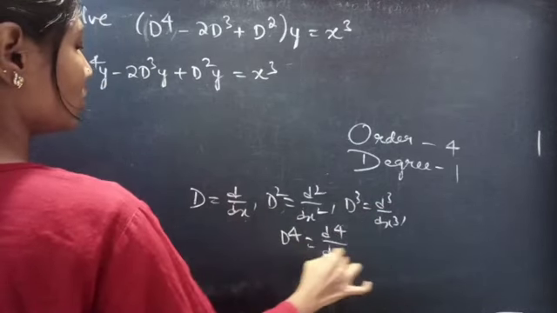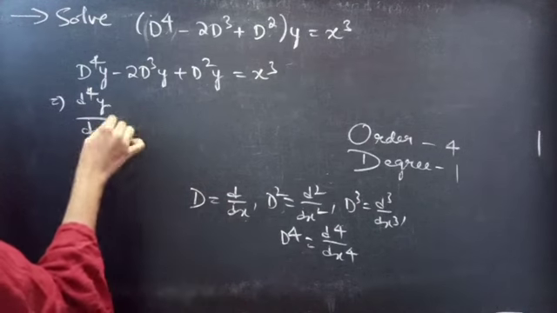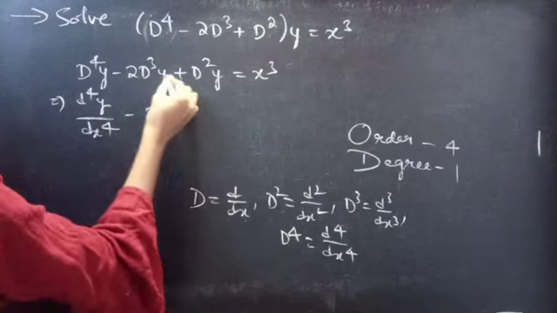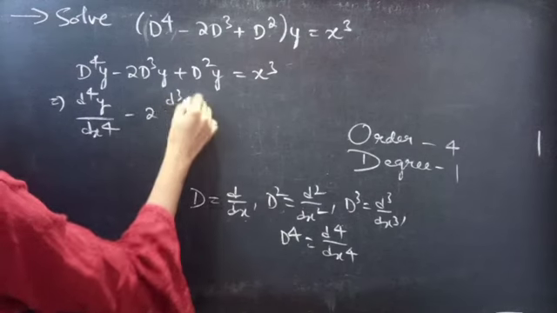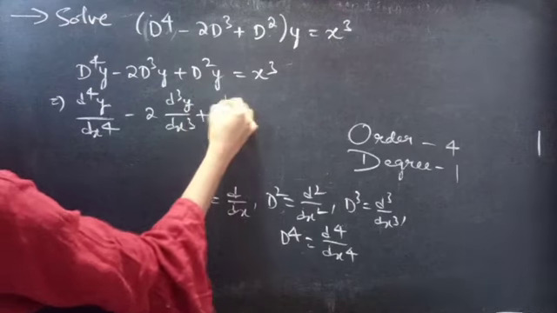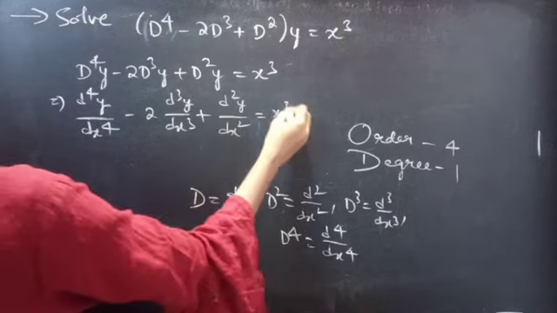Now let's write D^4 y as d^4y/dx^4, minus 2 into, write D^3 y as d^3y/dx^3, plus D^2 y can be written as d^2y/dx^2 equals x^3.